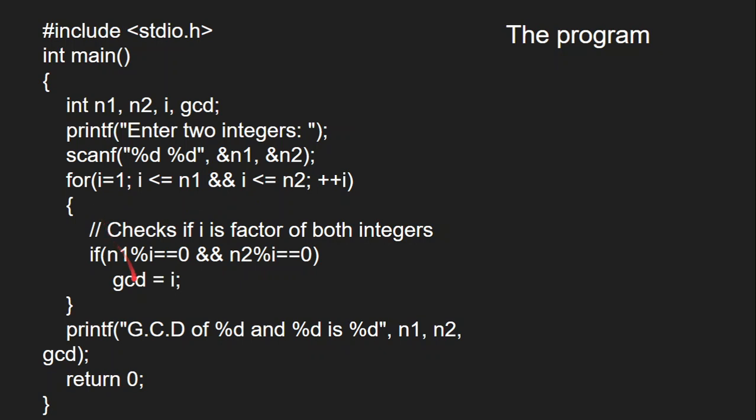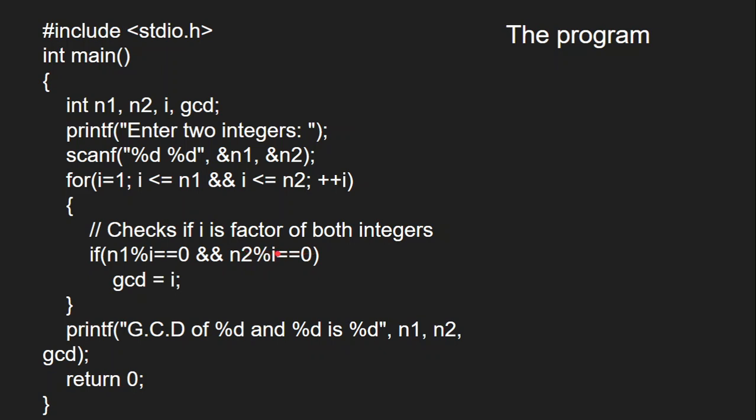Now, what is the real function here? If n1 percentage i equal to 0, this is a relational operator, equal to, and this is the logical operator, and then n2 modulo i is equal to 0.